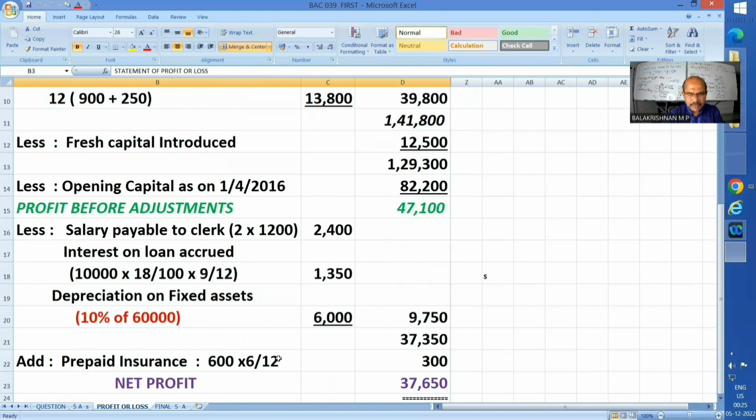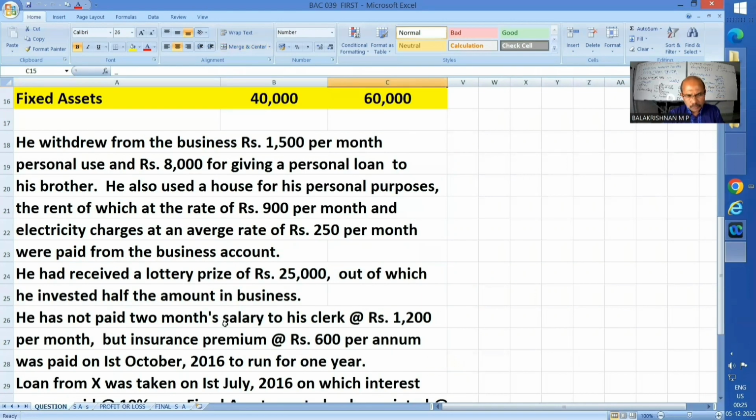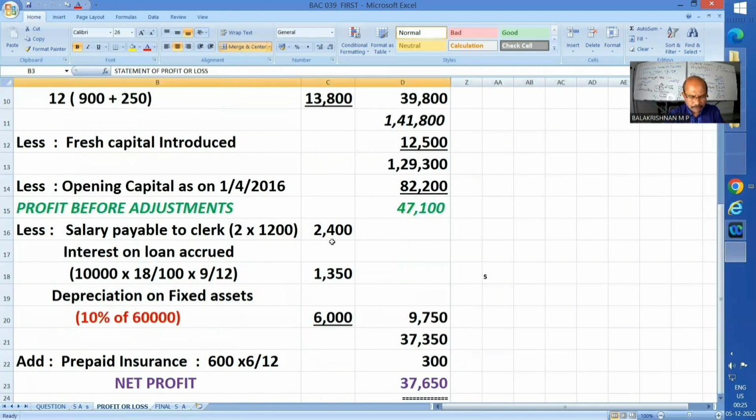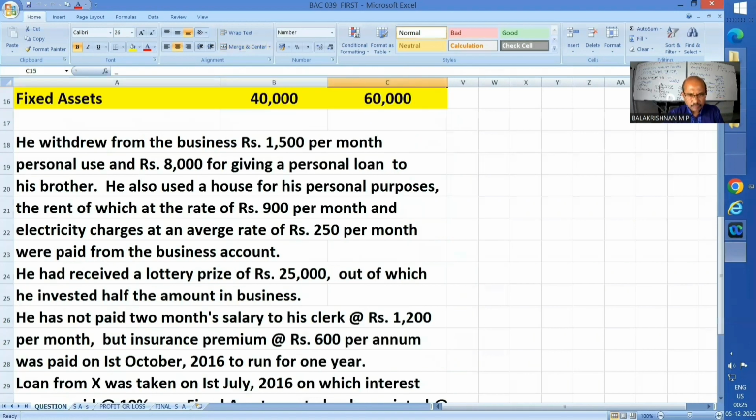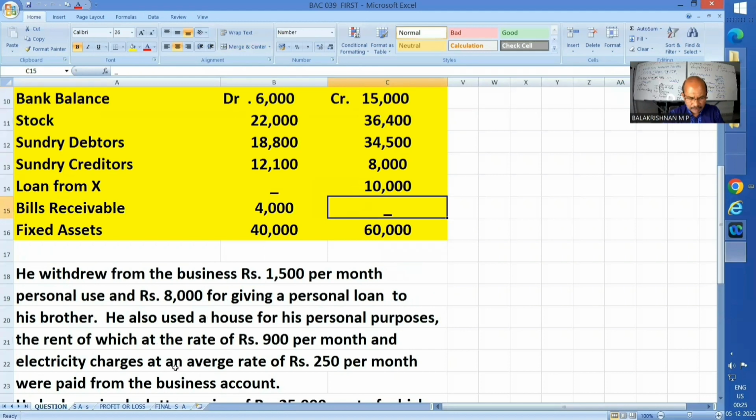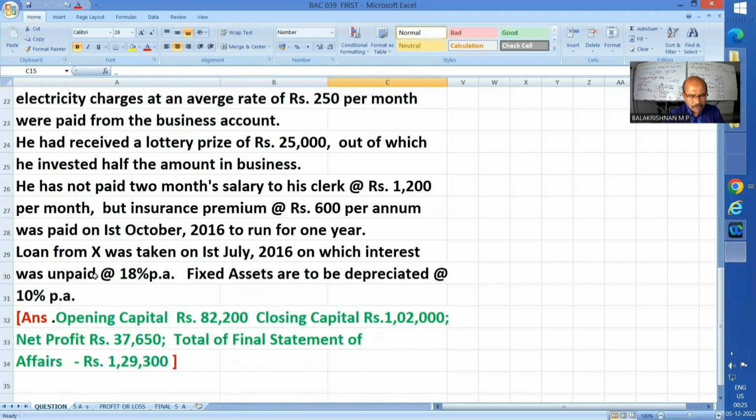Let me take up those non-cash expenditures. Salary payable: 2 months' salary to his clerk at the rate of 1,200, hence 2,400. Now interest on loan accrued. We find that the loan amount was 10,000 and they have told us the loan from X was taken on 1st July 2016, on which interest was unpaid at the rate of 18% per annum.